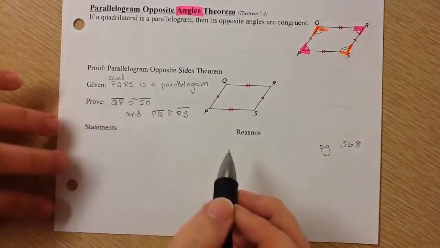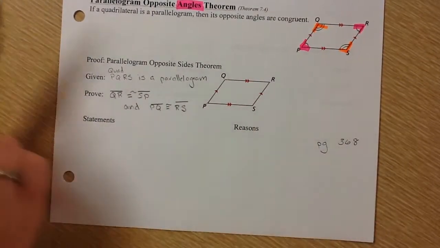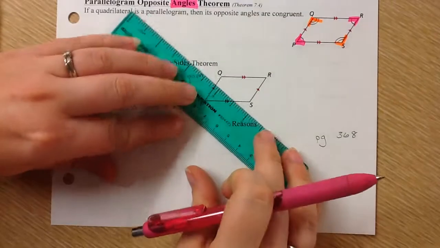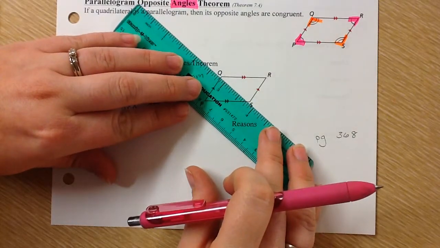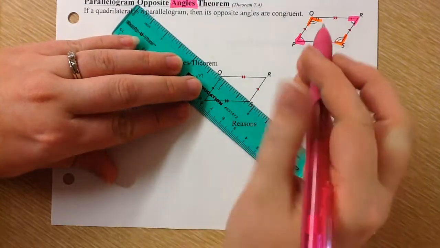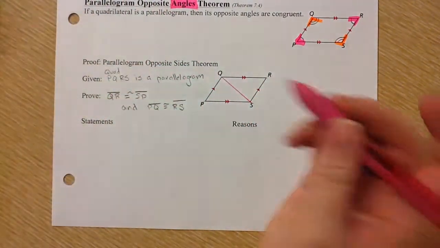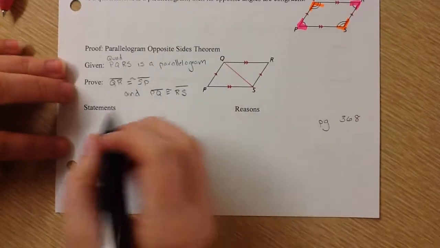That's what we're trying to prove. How we go about doing this is by using an auxiliary line, an auxiliary diagonal. We start by drawing a diagonal in from Q to S. That's our first step.